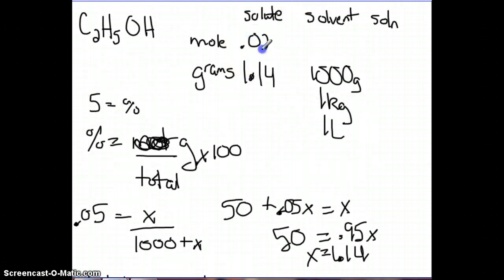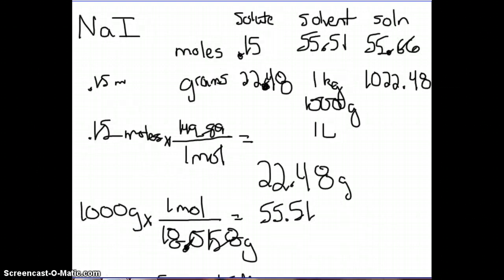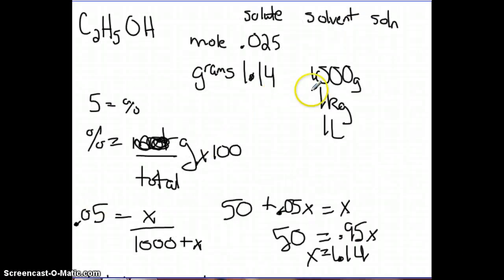And then for our kilograms of solvent, we're going to cheat. We're just going to use the calculation from before, so it's 55.51, because we're still using water, so no sense wasting our time if we don't have to. And then if we add that, we get 55.53, actually 55.54 if you round, for our total here.